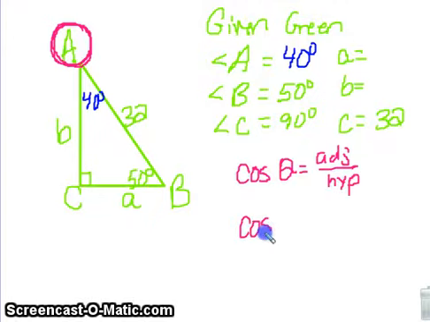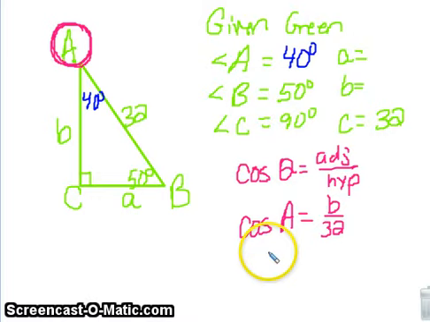And so the cosine of A is equal to B over what? 32? And I actually should have plugged what in for A? What's my angle measure for A? 40 degrees. I can plug that in as well.